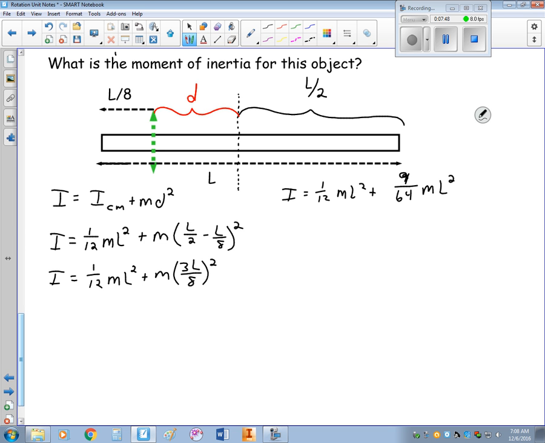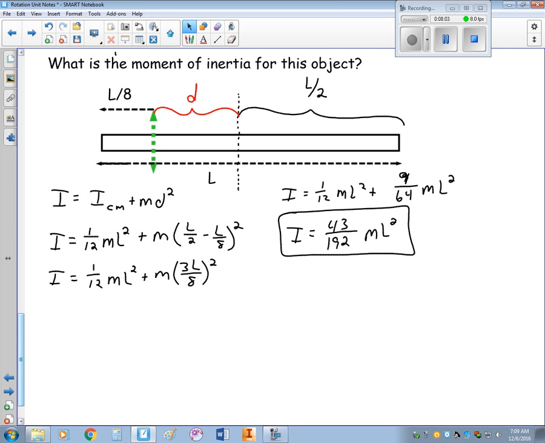And then at this point you can just plug it into your calculator. And there you have it. Now, the units for moment of inertia are always kilogram meters squared.